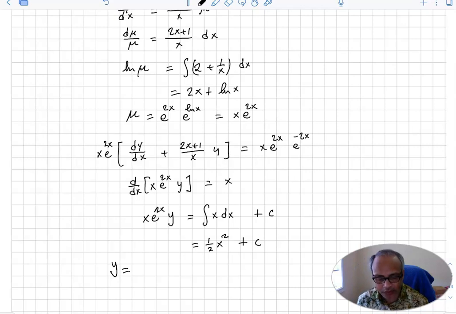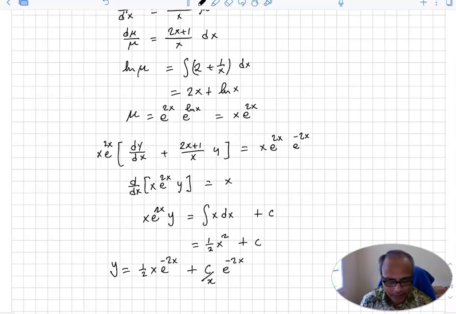Then y equals, so you isolate y, you divide by x e to the power x, so half x e to the power minus 2x plus c, divided by x times e to the power minus 2x, and that's your explicit solution.